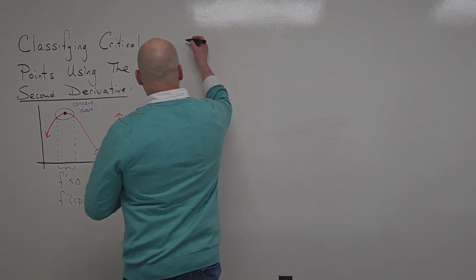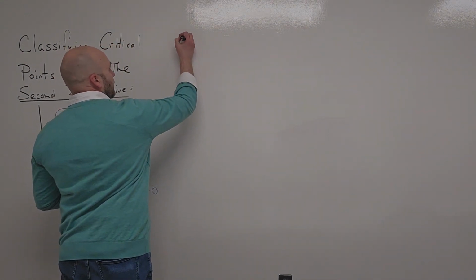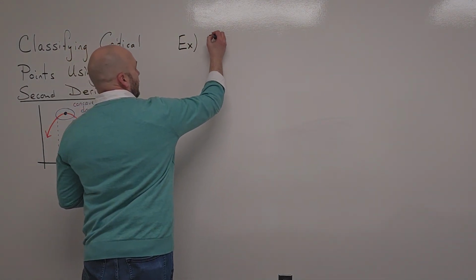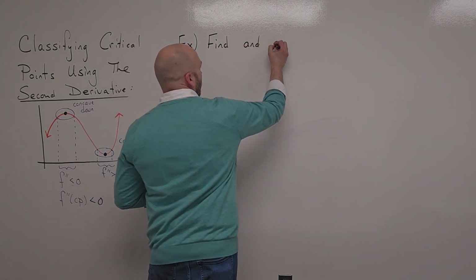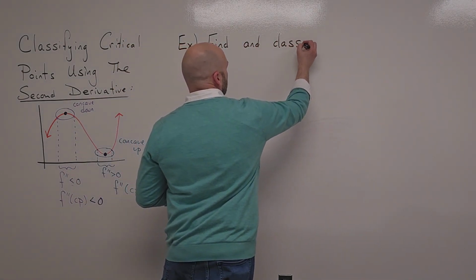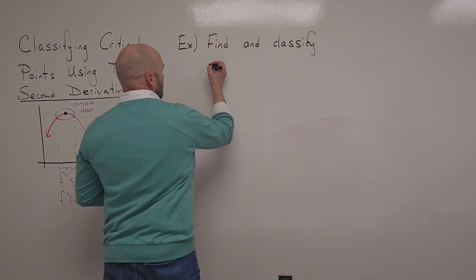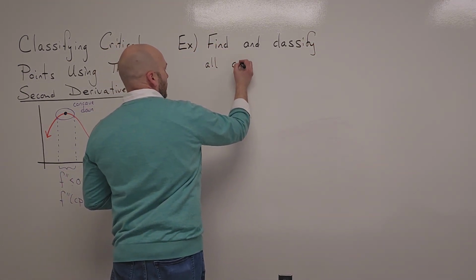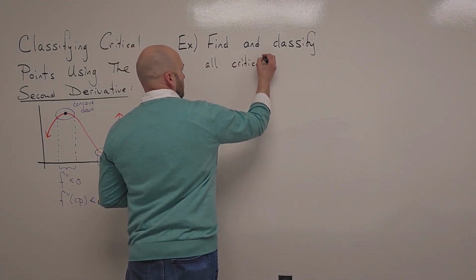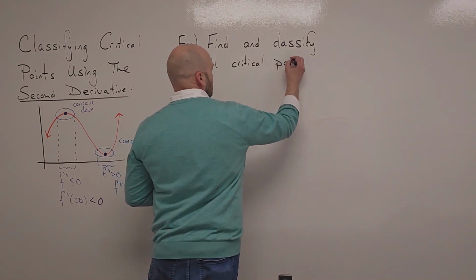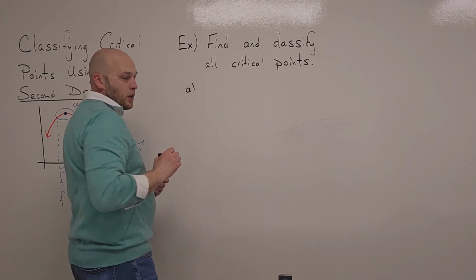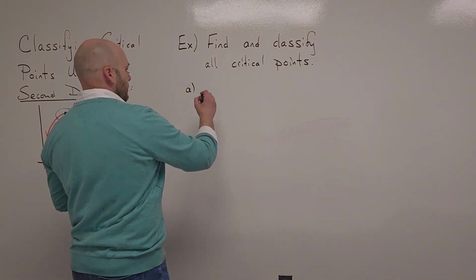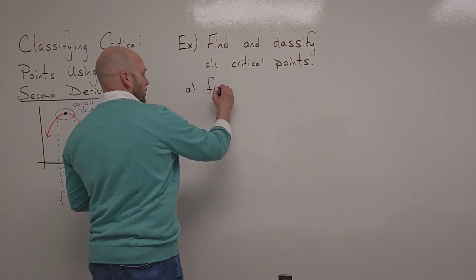So for example, find and classify all critical points. Okay, let's look at two types of functions here.